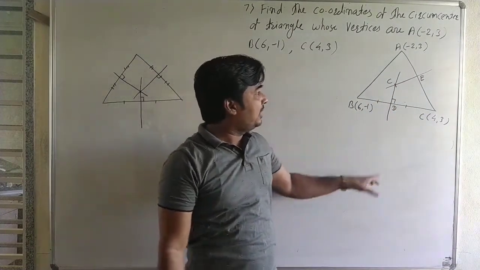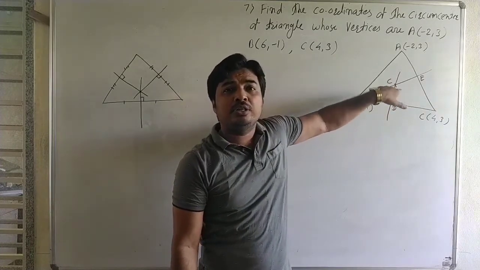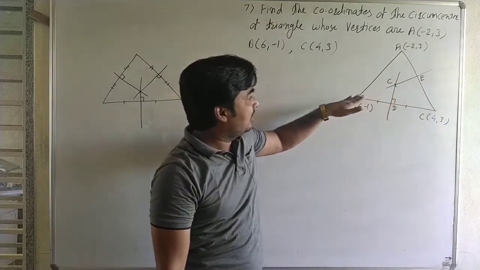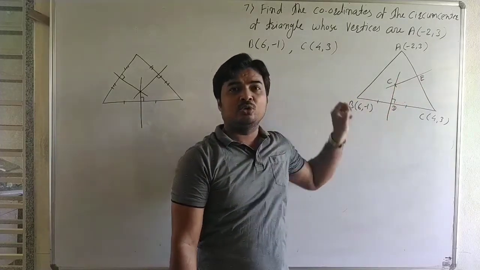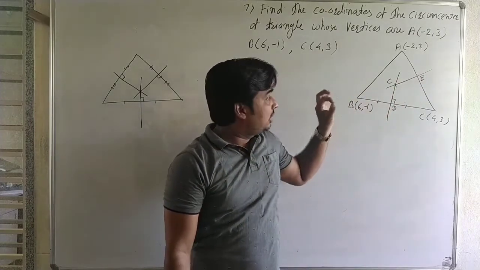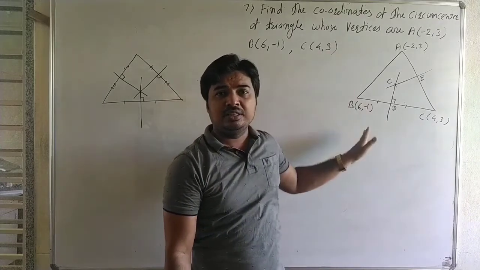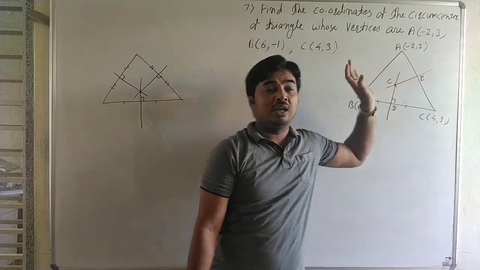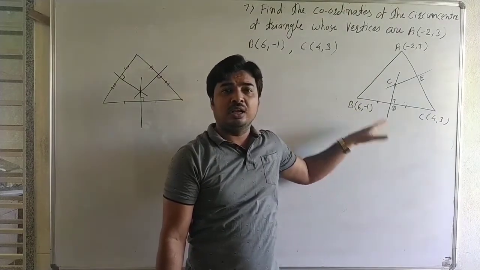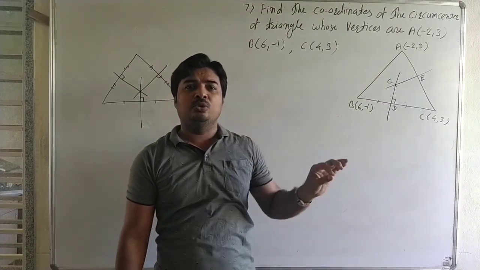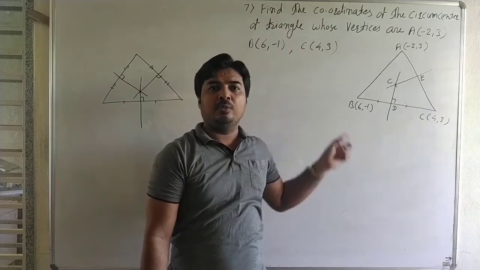Now we find the coordinates of the point C, and point C is the intersection of the lines CE and CD. So we need the equations of lines CD and CE. To find the equation of line CD, we need the slope and a point on the line.